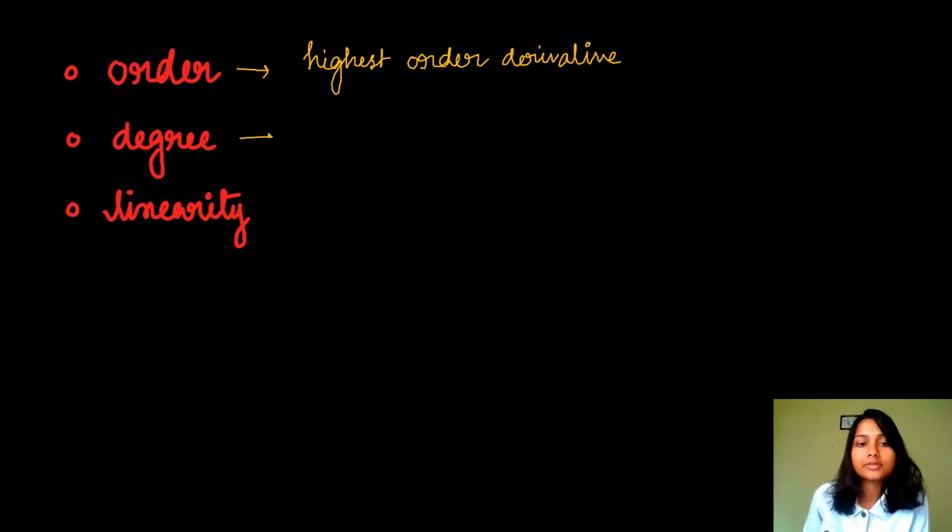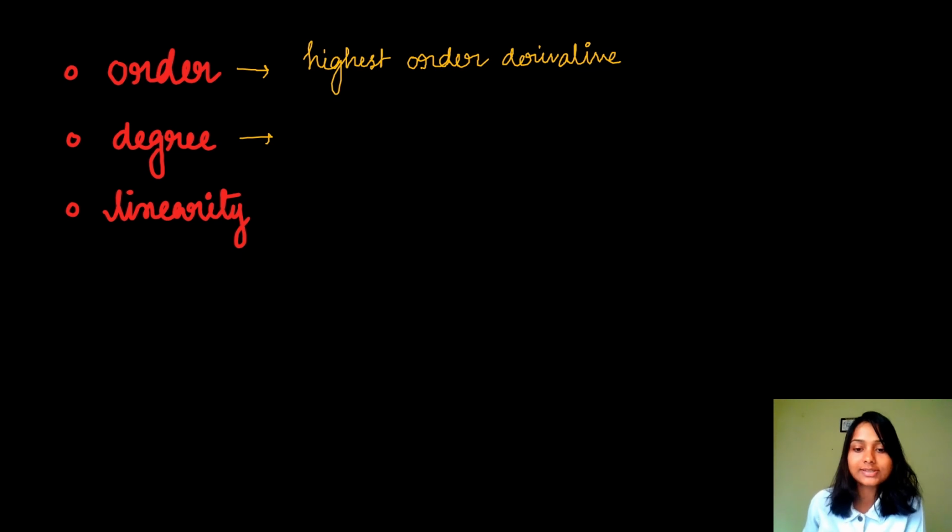Next, let us define the degree. The degree of the highest order derivative is defined as the degree of the differential equation, provided the differential equation is free from radicals and fractions. I will explain it later.